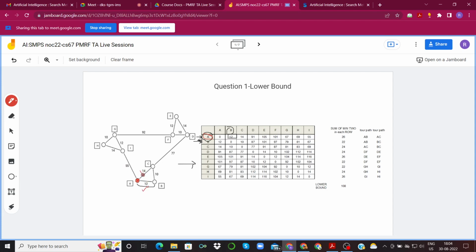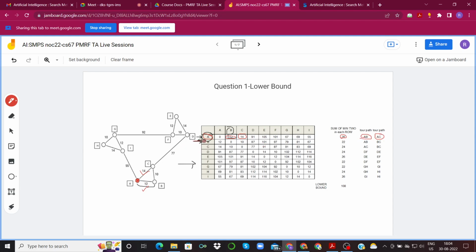A is connected to B via this 12 edge and A is connected to C via this 14 edge. So this one and this one. We'll add these up. And this represents the segments of the tour: 12 represents AB and 14 represents AC.